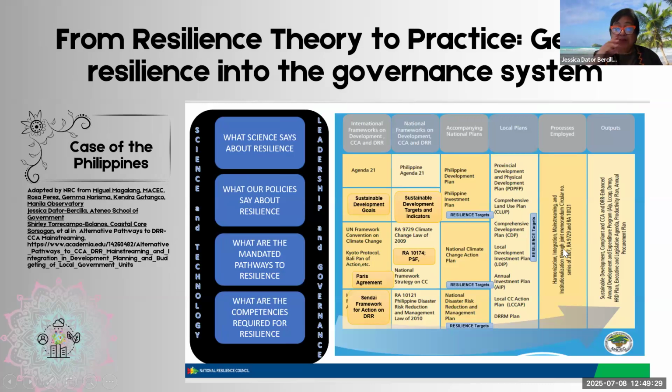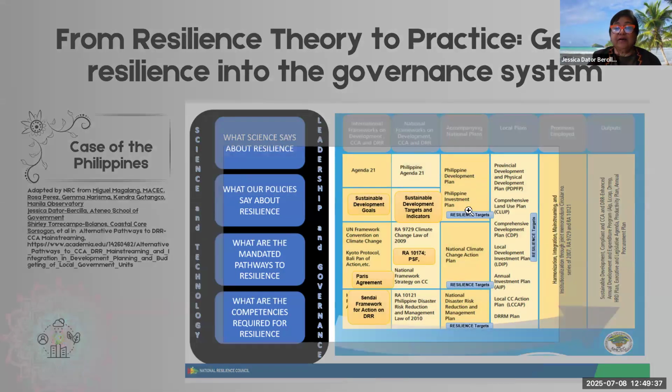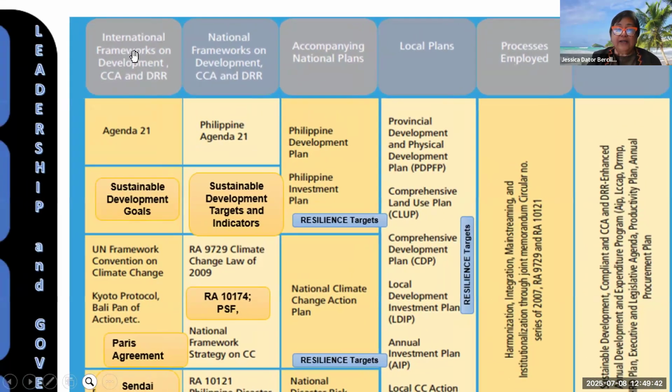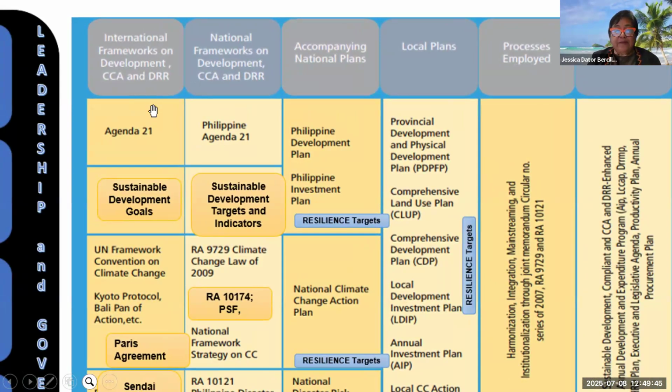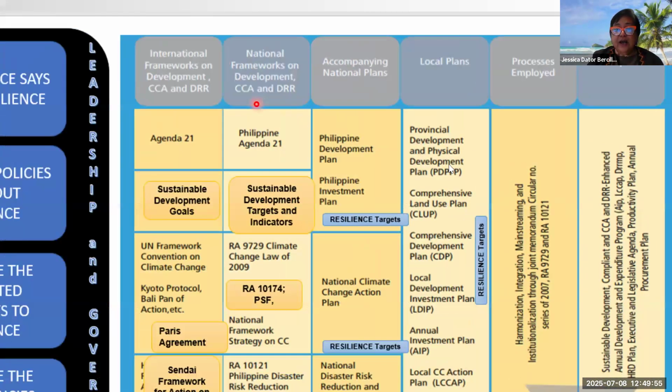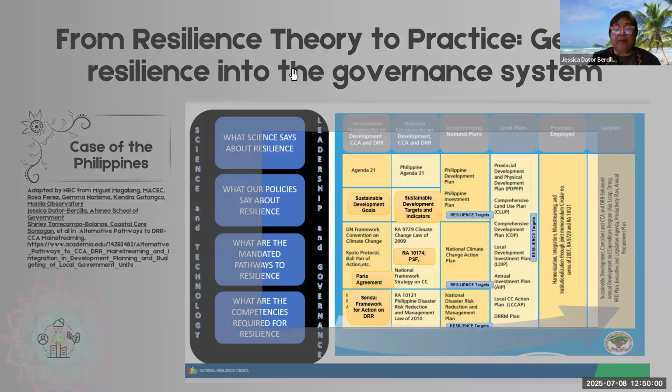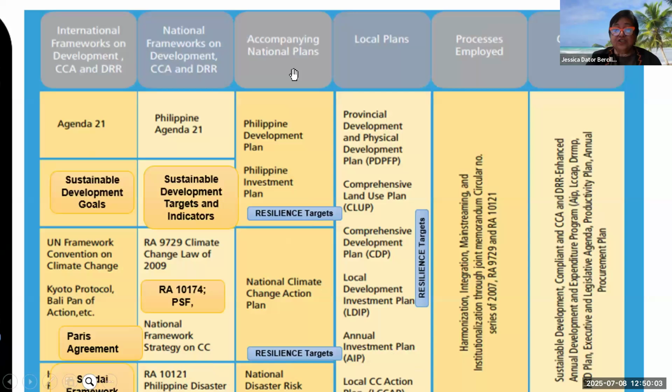Similarly, in the case of the Philippines, this slide will tell you, and I'd like to enlarge this a bit, that we try to identify international frameworks on development, climate change adaptation, and disaster risk reduction, and make sure that they become part of the national frameworks, but also part of the accompanying national plans and the local plans.